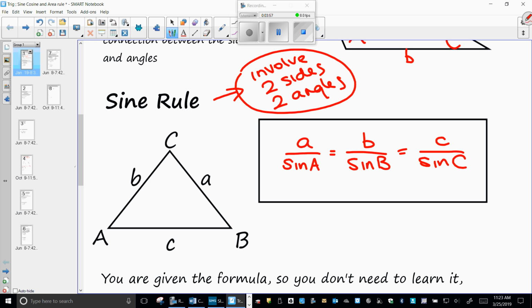Of those four items, you're going to be asked to find one of them. Either you're asked to find a side length, and you're given one side length and two angles, or you're asked to find an angle, and you're given two side lengths and one other angle. So your question involves two of each.